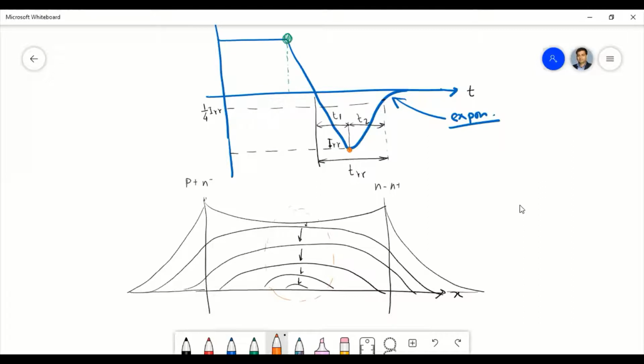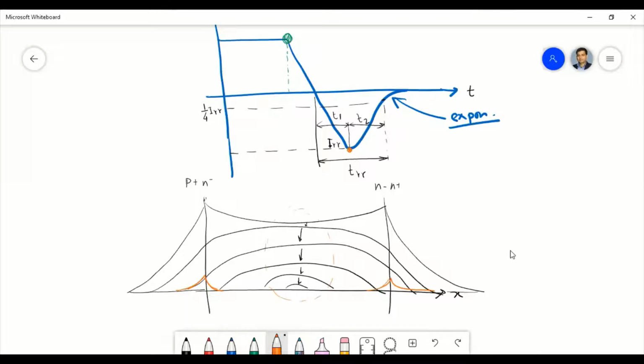So in that off region, the minority carrier concentration is like this. Again, if we switch on the device, there is a build-up phenomenon, which is different from the switch-off phenomenon.